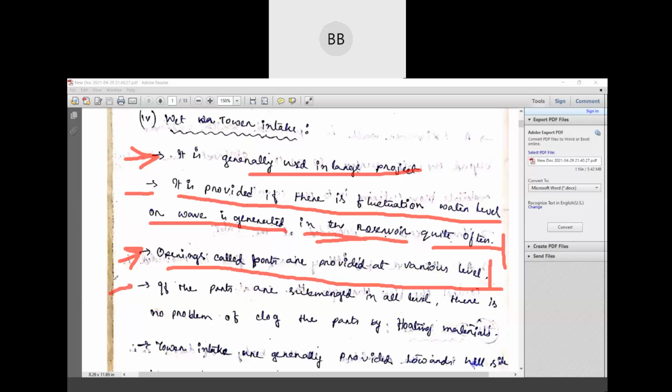Fourth point: if the ports are submerged at all levels, there is no problem of clogging of the ports by floating materials.